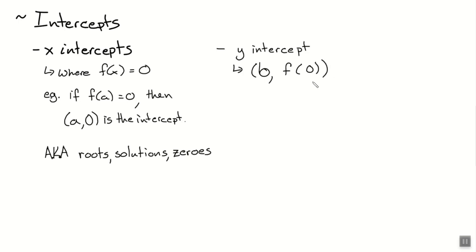B, comma, f of 0 is what it'll always be. Am I right? Why am I goofy? There's something wrong with it. Well, one, the B is ugly, but the B is the x value, right? What should it be? 0, comma.